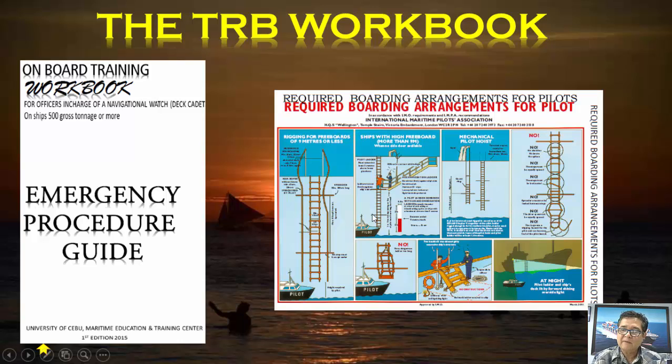So, lastly, the training record book is for reference. What are the tasks? What are the structured tasks you must do? The journal is how did you do it? What, when, where?